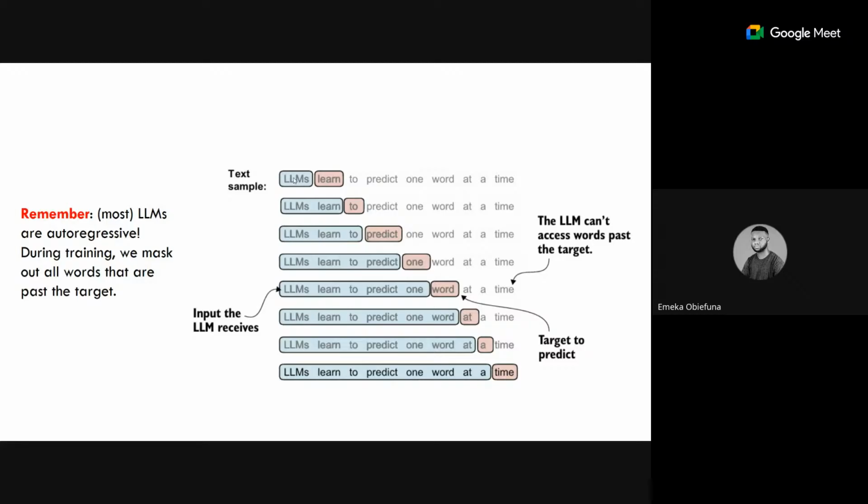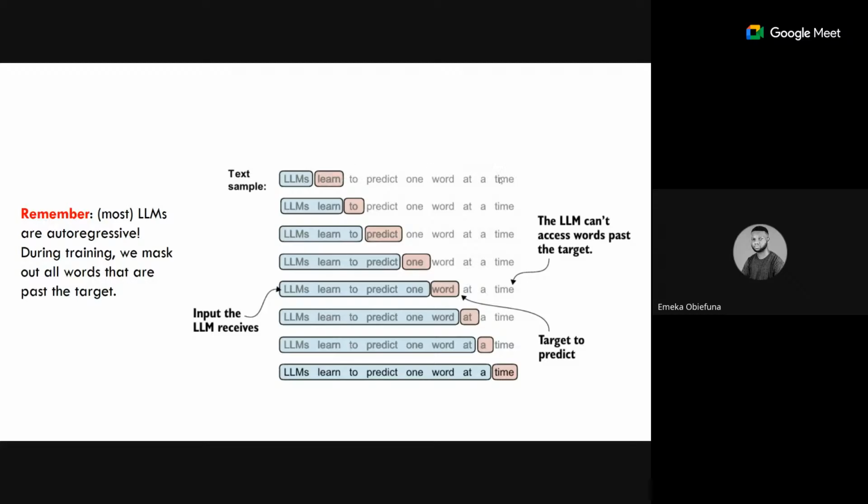This is the input that maybe you go to ChatGPT and you want it to complete a text for you. You key in LLMs. When you key in LLMs, this is the input that you are giving ChatGPT. What's going to happen is that it will start generating text. The first thing it's going to do is try to come up with this word, learn. So in the first round, it's going to come up with learn.